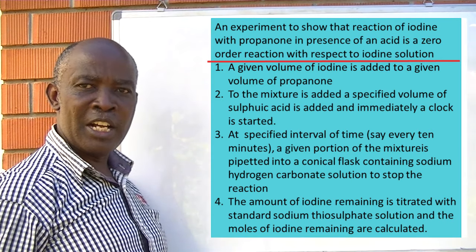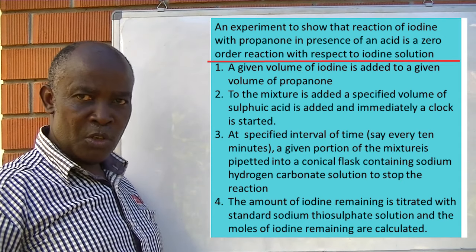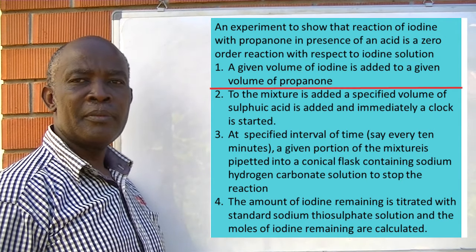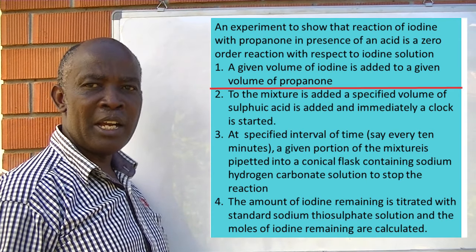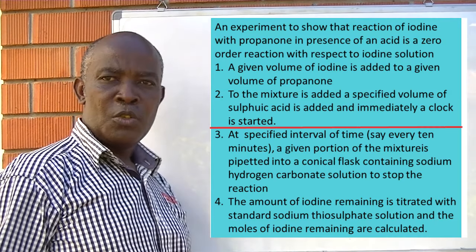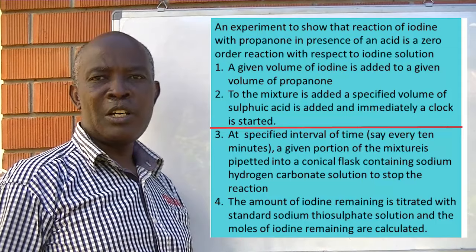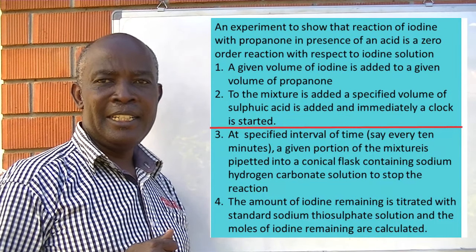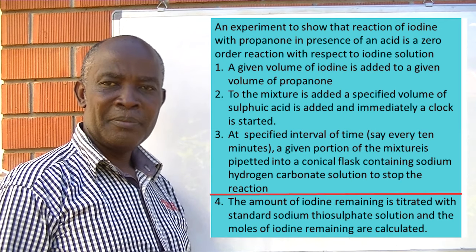An experiment to show that the reaction of iodine with propanol in the presence of an acid is a zero order reaction with respect to iodine solution. 1. A given volume of iodine is added to a given volume of propanol. 2. To the mixture, a specified volume of sulfuric acid is added, and immediately a clock is started.